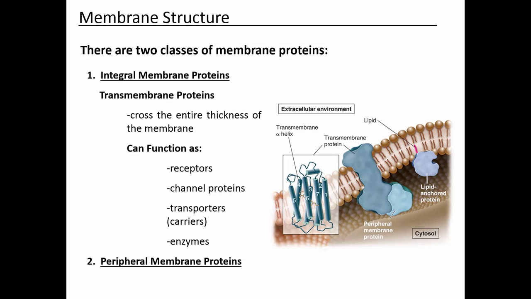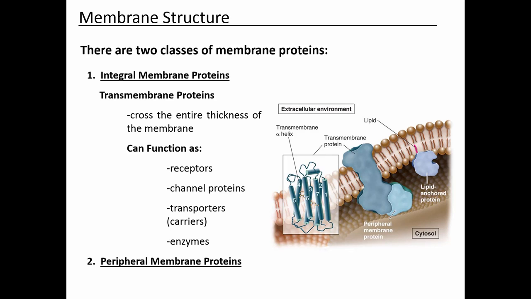So when you're looking at this picture, you can see that this protein has a portion of it in contact with the phospholipid bilayer, with the hydrophobic core. So this is an integral membrane protein. And this protein here, which is associated with the membrane by binding to this protein, is a peripheral membrane protein, since no part of it is in contact with the hydrophobic core.